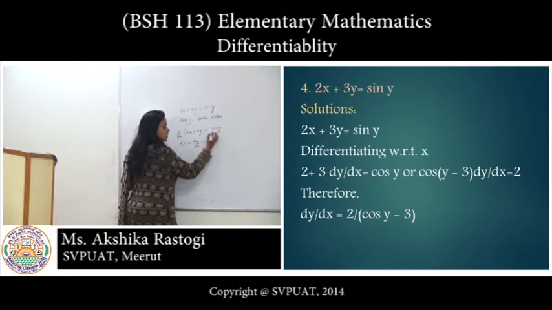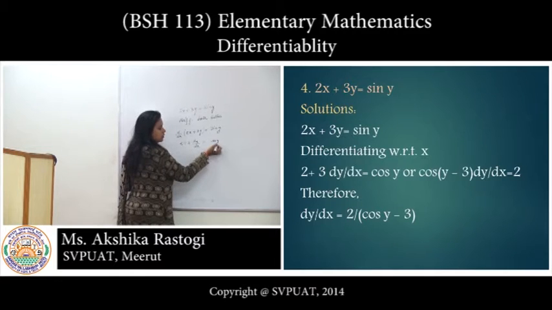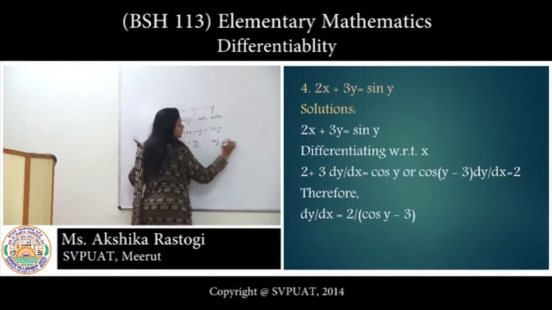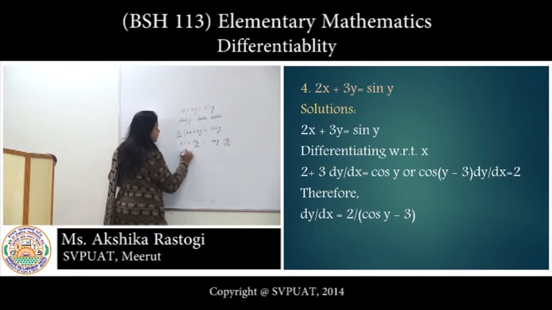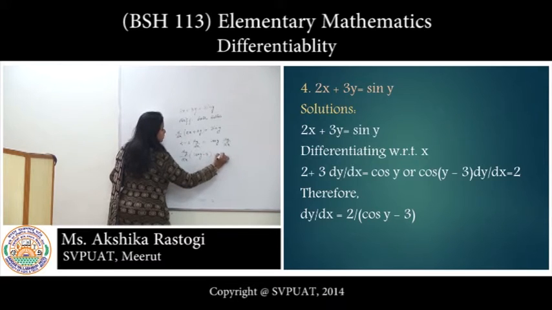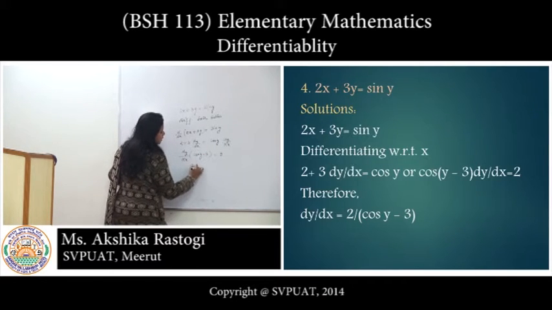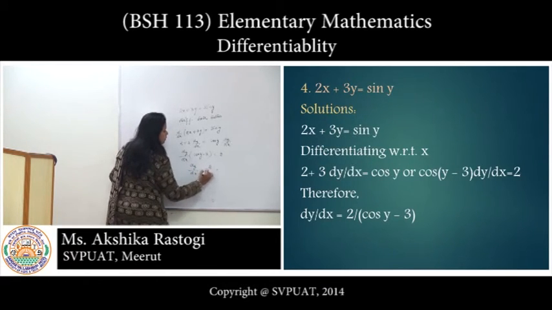The differentiation of sin y is cos y, but we have to differentiate y again, which gives dy over dx. Taking dy by dx to one side, we have dy by dx (cos y minus 3) equals 2. So the value of dy by dx equals 2 upon (cos y minus 3).